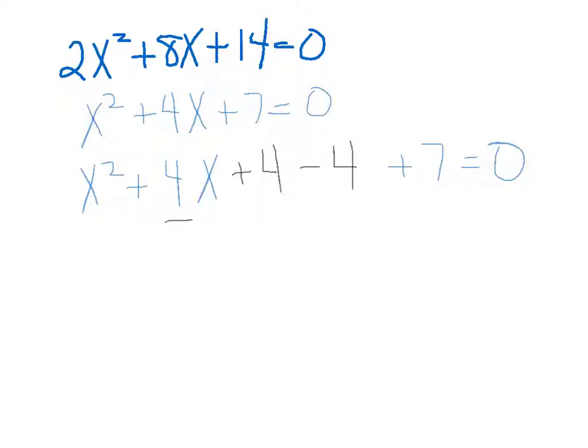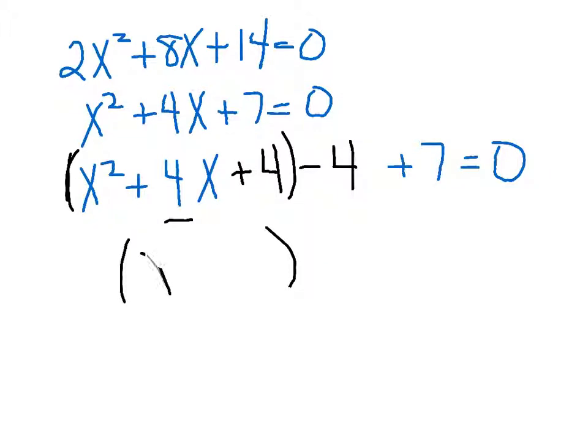Now, I can take just this part of it and factor it into a perfect square, which will be x plus 2 squared.